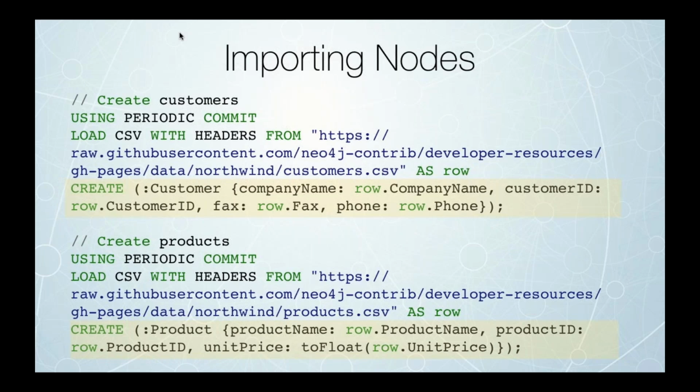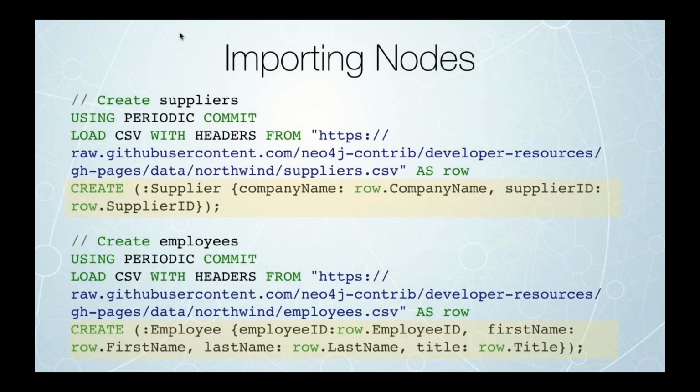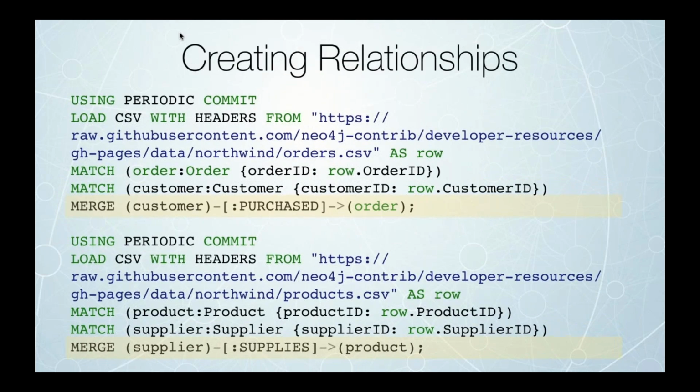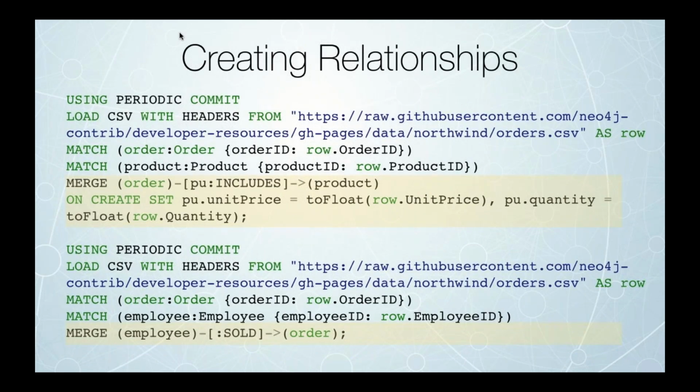But you can specify here the Cypher statement. So basically, for each row of the CSV file, here's what action to take: either create a node or create a relationship.